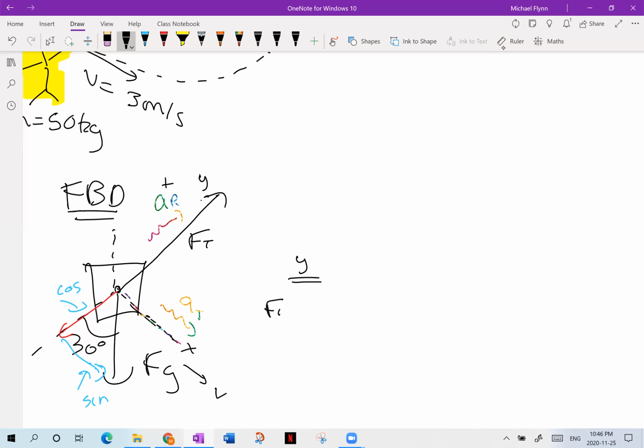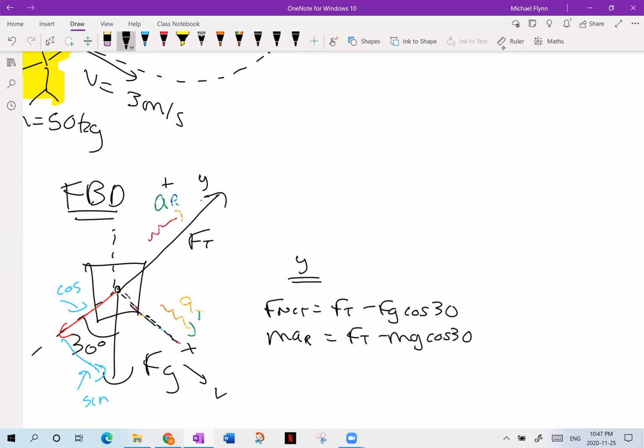So now I'm going to go F net equals, okay, the force of tension, now this is in the y direction only, minus the force of gravity times the cos of 30 degrees. Okay. Now I'm going to go MAR, because this is radial, equals FT minus MG cos 30.